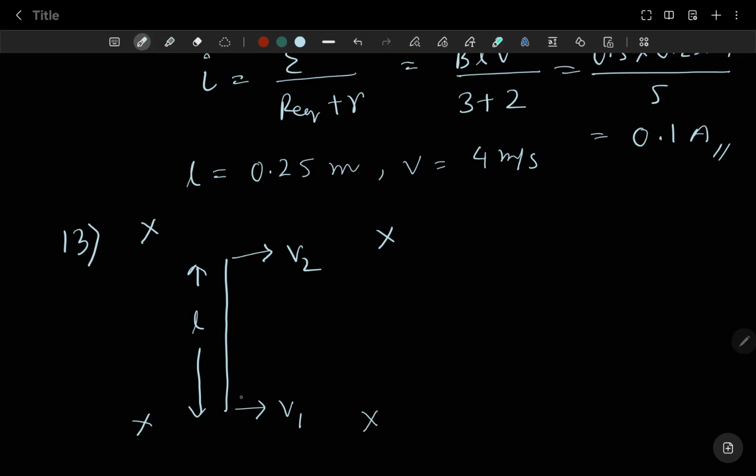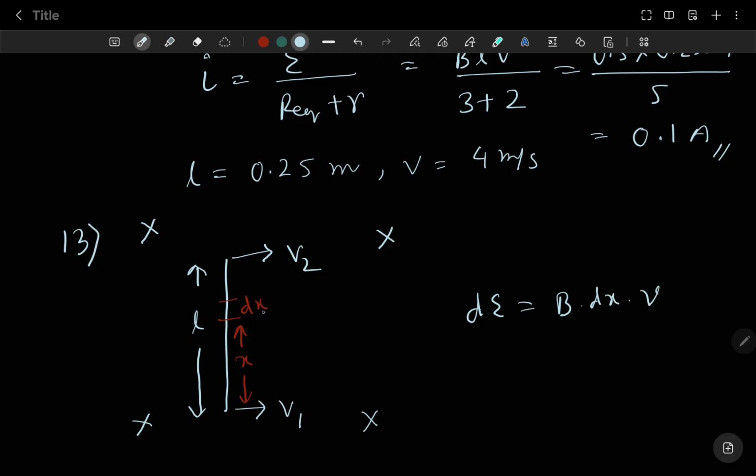So how can we calculate it? First let us take a distance x. Take dx, a length. So the induced EMF here will be given by B, L is dx, into V, right?